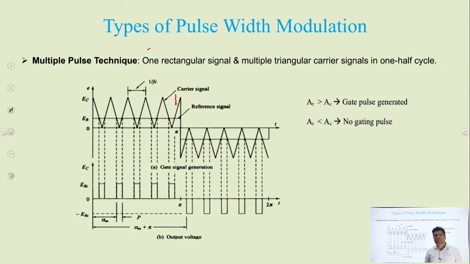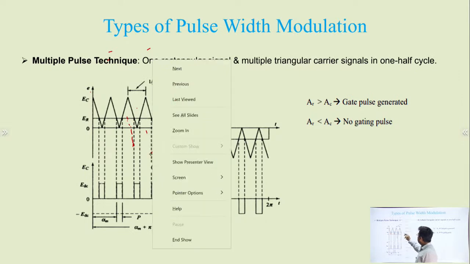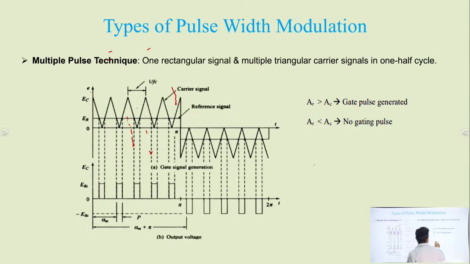In the single pulse technique only one rectangular signal and one triangular or sawtooth wave signal is used, but in the multiple pulse technique there are various sawtooth waves, which are used from application to application.